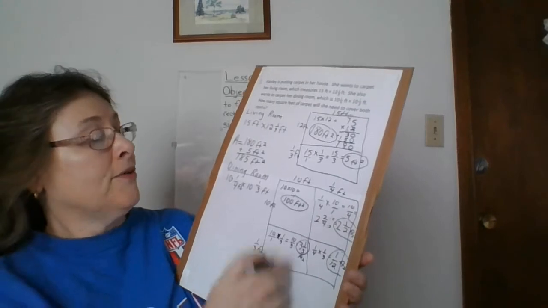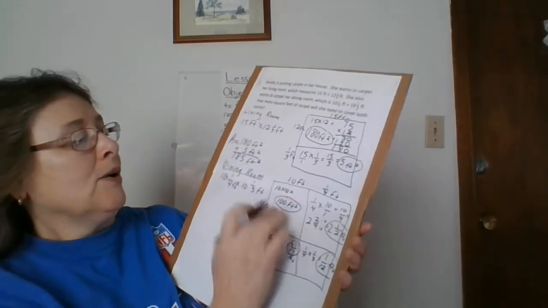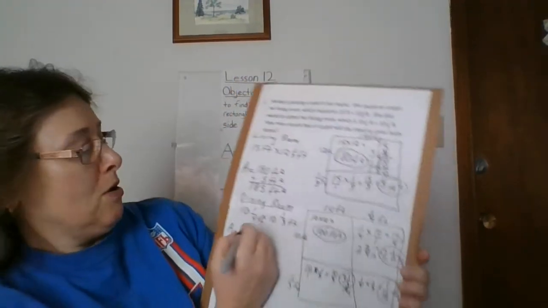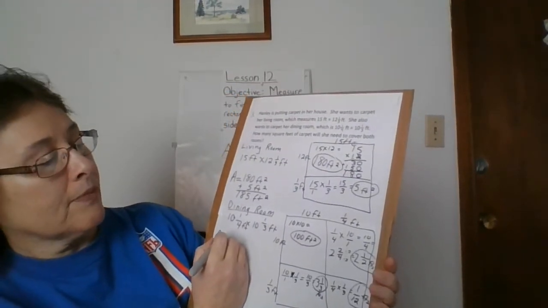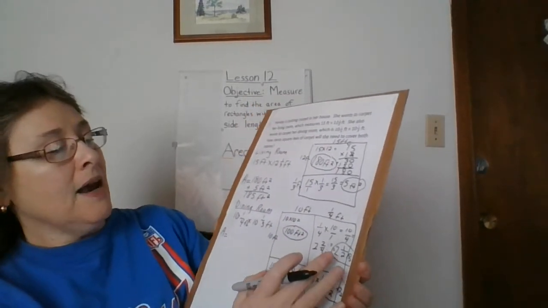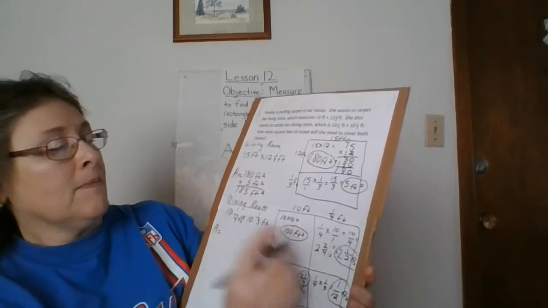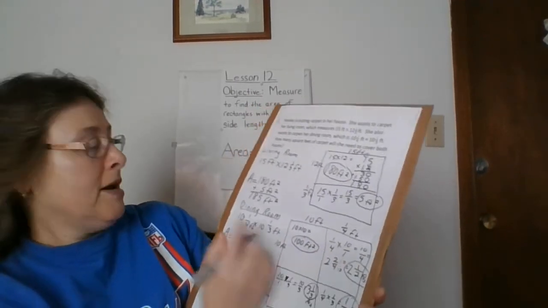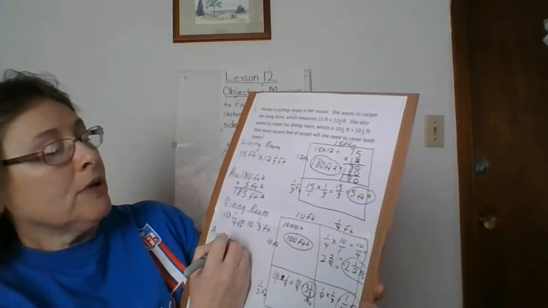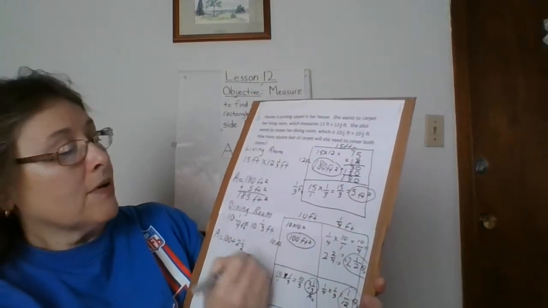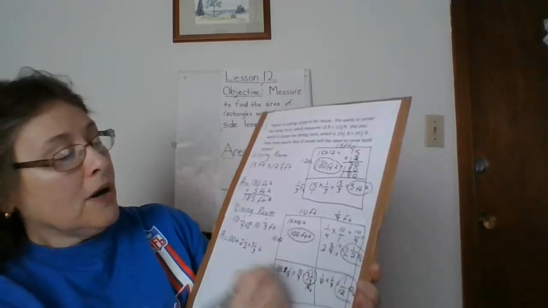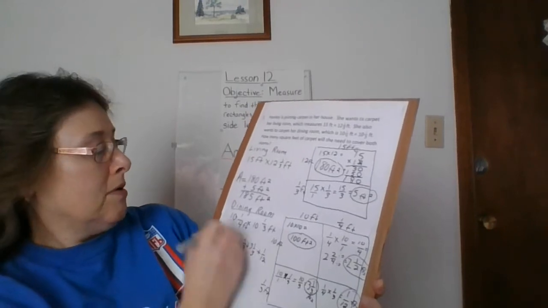So now, in order to find the dining room, because we're not done, we have to add all of those together. Well, before I even do that, I can't add these fractions together yet. So let's write all of them down first. I have 100 plus 2 1/2 plus 3 1/3 plus 1/12.